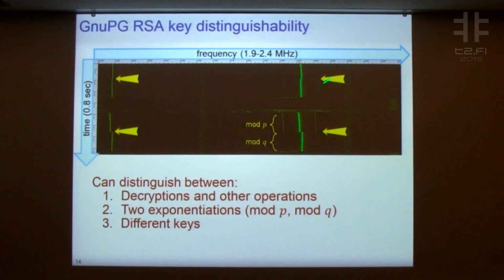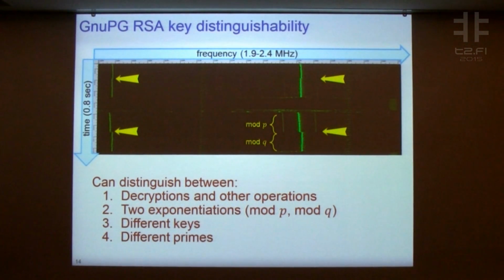So we can clearly distinguish between when I was using my first key and my second key. Moreover, I can distinguish between different primes. If I took the prime P from this key and the prime Q from this key and decrypted something, and then showed you the leakage of the chassis potential, you could immediately tell, since the first part will look like this and the second part will look like this.